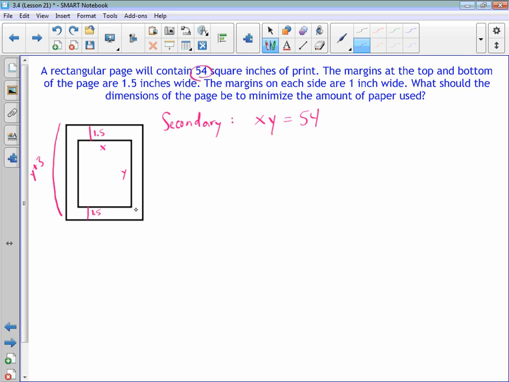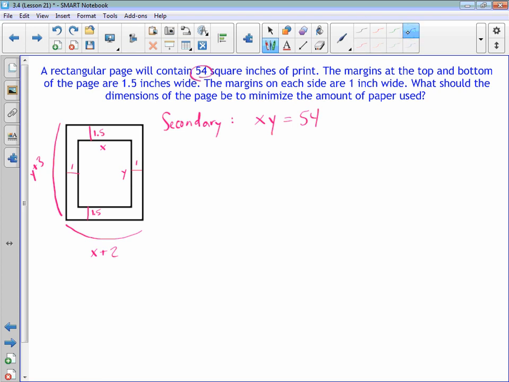Okay, because you're taking this y here plus 1.5 up here plus 1.5 down here. So y plus 3 total. Okay, what's the length from here to here? 1, and the other side is? 1. So that length of this entire side is going to be x plus 2. So any questions on my beautiful picture?